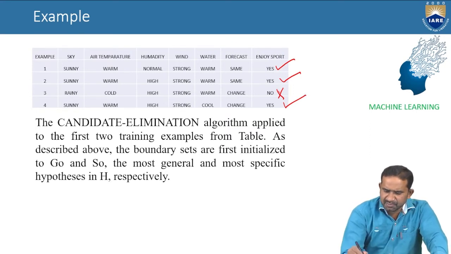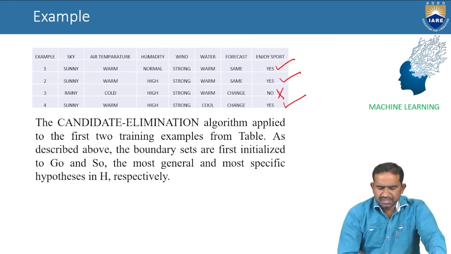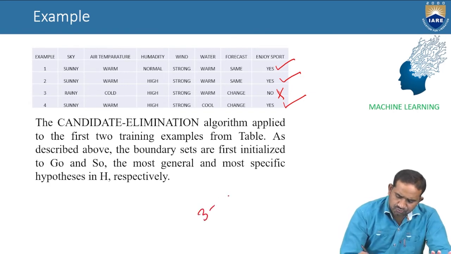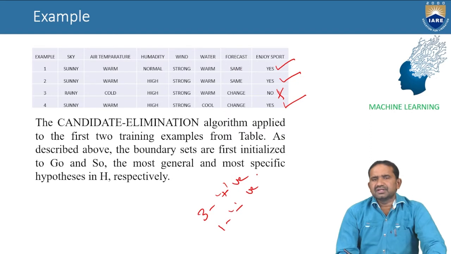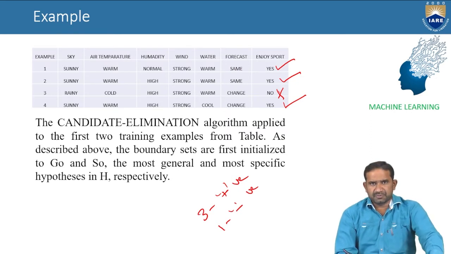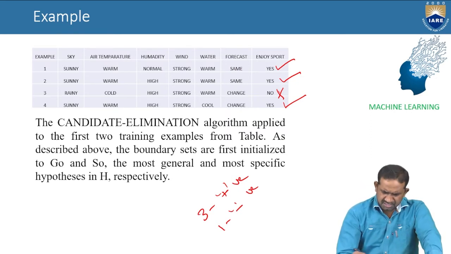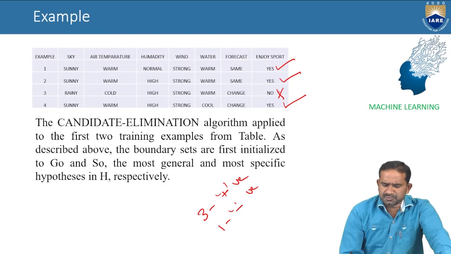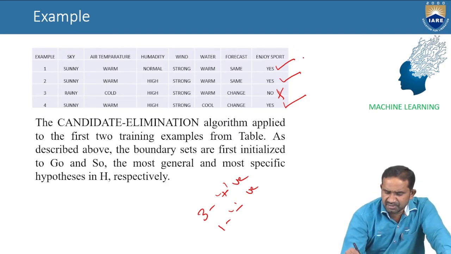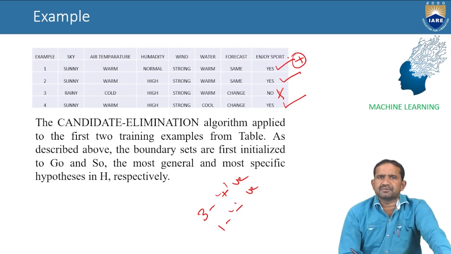When we check these training examples, among the 4 instances there are 3 positive examples and 1 negative example. The first, where enjoy water sport is yes, is a positive example.